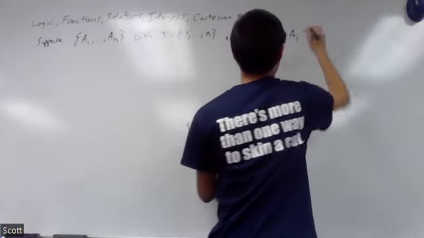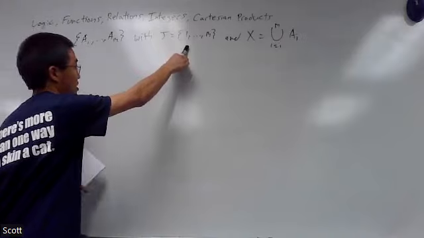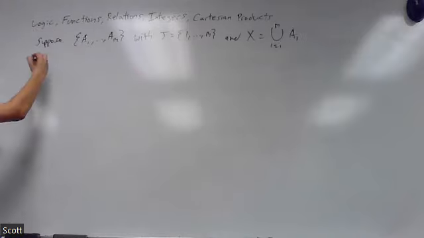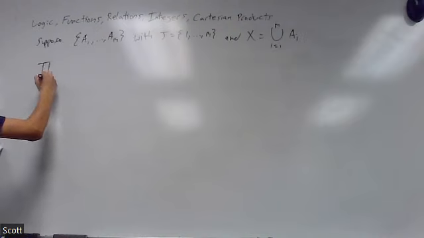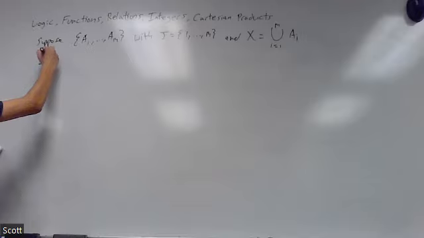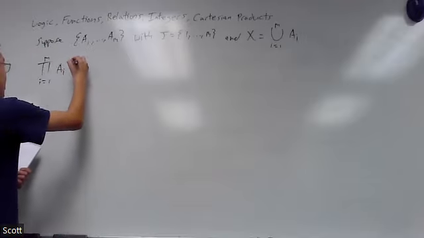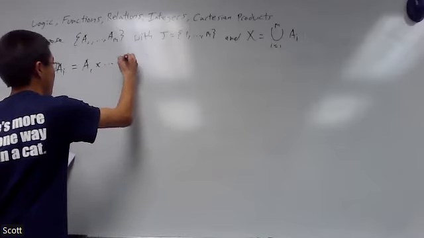They construct this earlier in the section, but it's pretty straightforward for the purposes of building the Cartesian product. So the product from i = 1 to M of Ai is going to be the shorthand for writing out A1 Cartesian product all the way through.